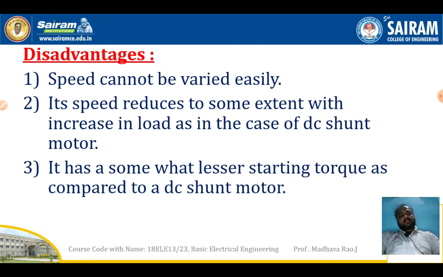Like that, here also we can reduce it to some extent by adding load on the induction motor, right? It has less starting torque as compared to a DC shunt motor. These motors have less starting torque, right?